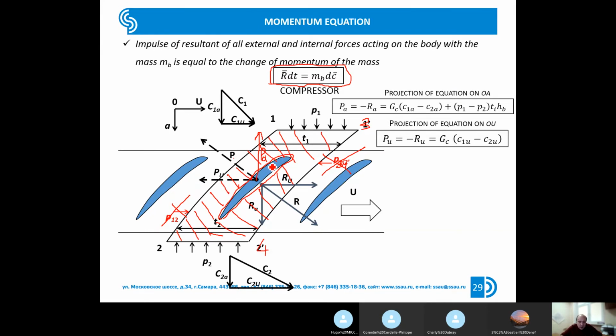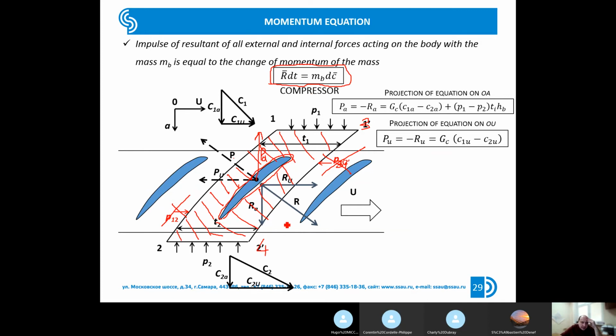But for us it's important that for our volume we have the influence of two pressures, inlet and outlet, and the influence of the force which acts on the flow from the blades. So let's apply this law, the momentum conservation law, to the flow in the compressor.